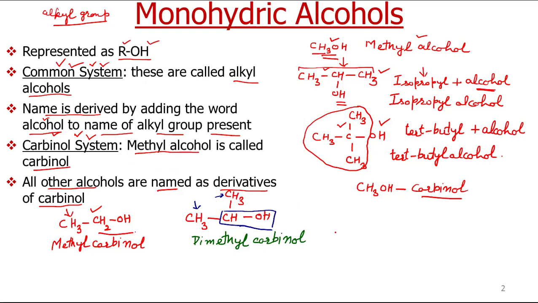Similarly, let us see what will be the name of this compound: three C6H5 groups attached to a carbon bearing OH. Now let us first see where is carbinol.